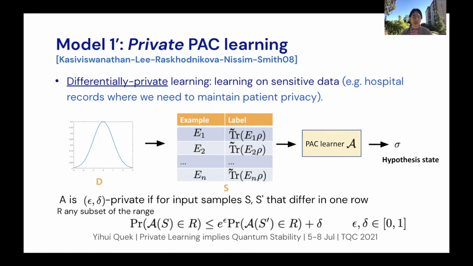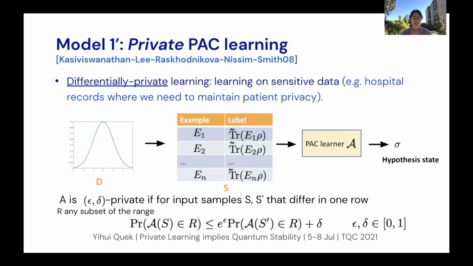Now, how do we quantify the similarity of 2 distributions? Well, we consider any subset of the range, like any ball of states, essentially. Then we're going to require that the probability that A of S outputs some hypothesis state in this subset R is at most e to the epsilon times the probability that A of S prime outputs some hypothesis state in the same subset R, plus delta.